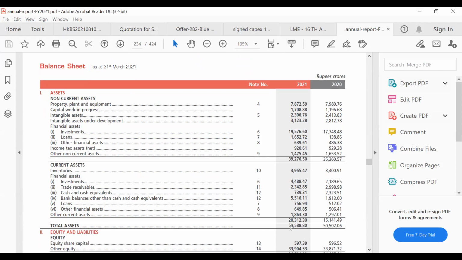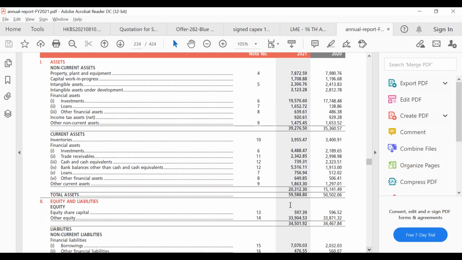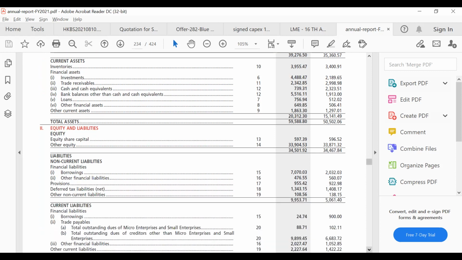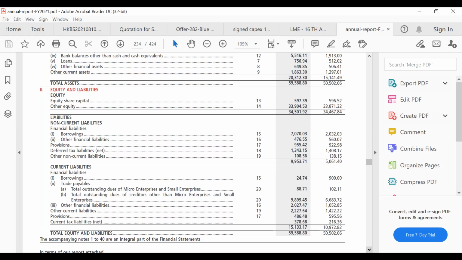Then you require the working capital, which you have to calculate as your current assets minus your current liabilities. The current assets are around 20,312.3 crore, minus your current liabilities, which is 15,133.17. So two financial data we have got.